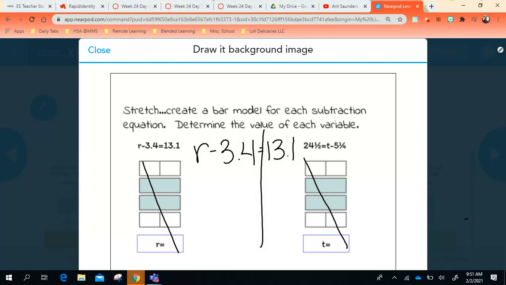And then under it, plus 3.4 equals, plus 3.4, and then r equals this. Very good. Erase them.